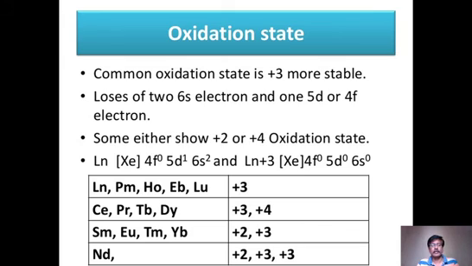Cerium, some others, promethium, terbium, dysprosium, these have +3 and +4 as common. Samarium, europium, ytterbium have +2 and +3. Neodymium +2 and +3. There are some possibilities here.